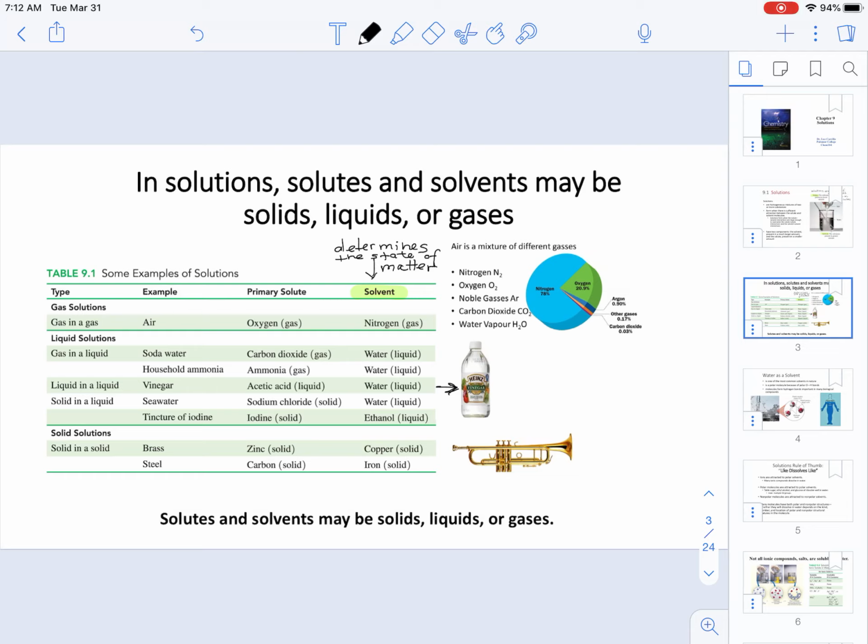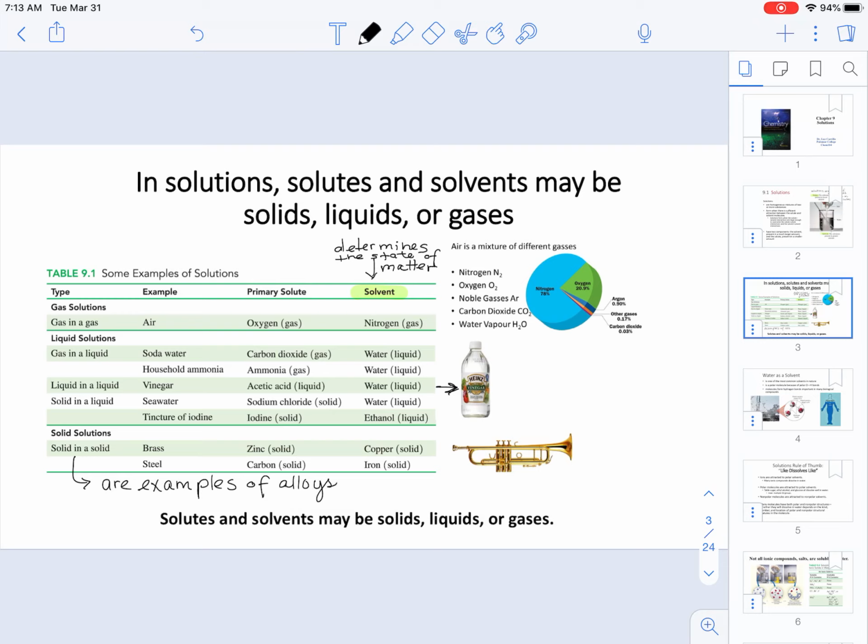The last type of solution, which is one that sometimes we don't think of often, is going to be a solid solution. And remember that when it comes to solid solutions, these are going to be, again, a solid solvent and a solid solute. Now, here we have elements that are just combined but not physically or chemically linked. So for the solid solutions, all of these are examples of alloys.